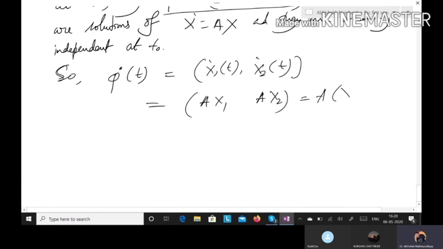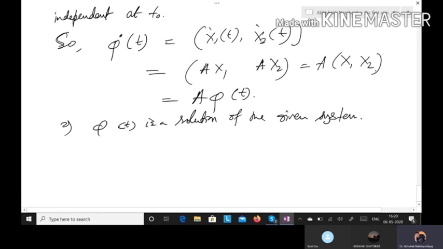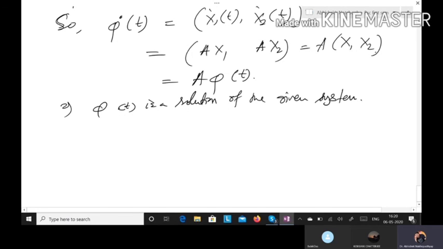That means A times x1 x2, and what is x1 x2? That is phi. So it is A phi of t, and this implies phi of t is a solution of the given system.